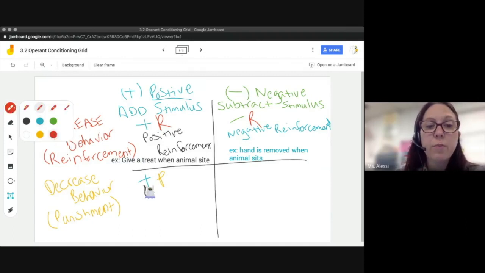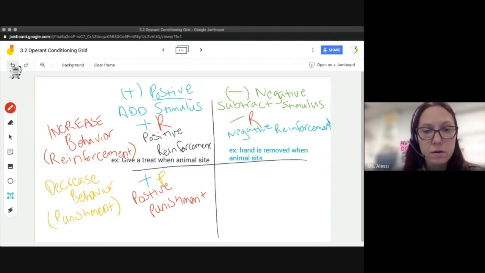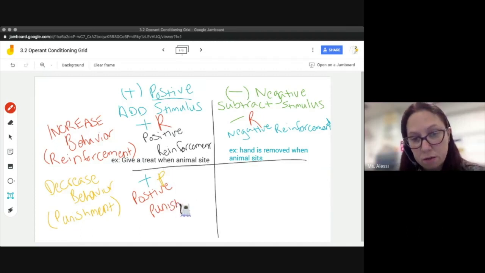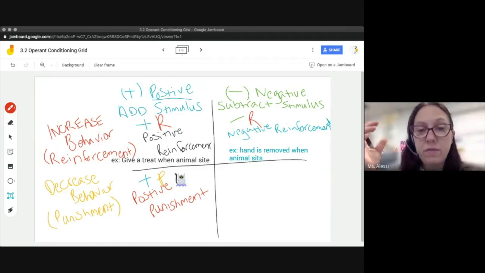But this is positive punishment. So with positive punishment, think about I'm going to add a stimulus to stop a behavior.